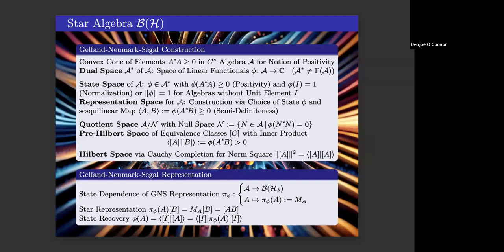And this gives you the Gelfand-Naimark-Segal representation, where now it says you can give me any general C-star algebra. It doesn't have to be commutative, it can be non-commutative. And if you pick a state, you always get a GNS representation, where this algebra can be represented by bounded operators on a GNS Hilbert space, and this Hilbert space will be state dependent.